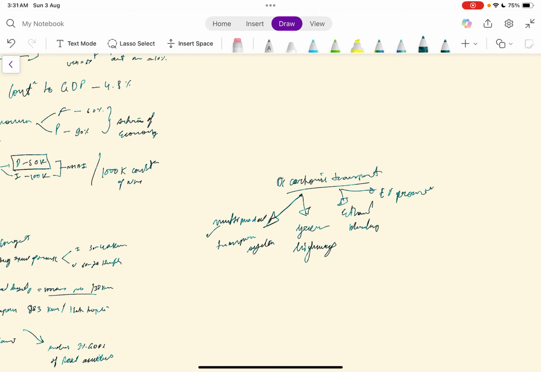So we have seen the solutions for decarbonizing our road transport. This you can write for the environmental issues also. For the accident issues, first we must know the reasons why accidents happen.